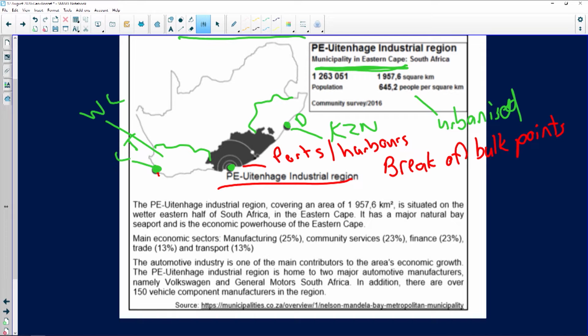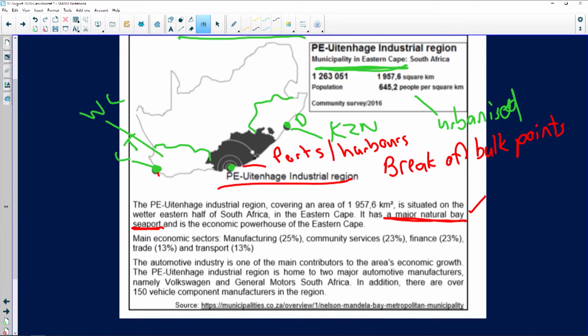It has a major natural bay seaport, so that's quite important. It's called a natural bay. So just because of that, it gave Port Elizabeth an advantage to do trade with different countries. They did not have to spend a lot of money to create a port, to create a harbor. It's deep enough, it's a natural bay, so it makes construction much easier, infrastructure-wise. So it's definitely a plus, okay?